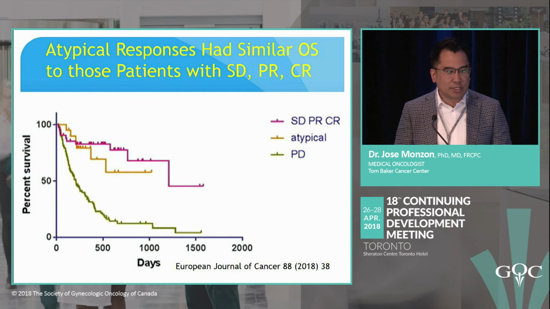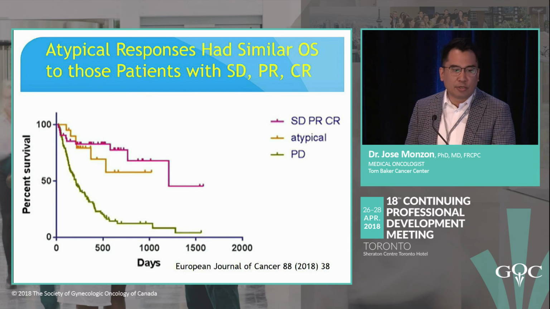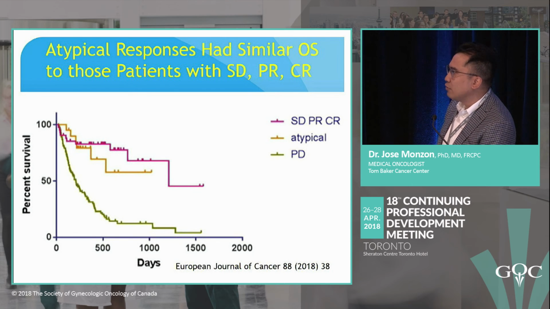So this just brings up that these atypical responses aren't necessarily reflected in overall survival with traditional response criteria. This study was looking at non-small cell lung cancer and PD-1, PD-L1 inhibition in several clinical trials. They retrospectively looked at the patients that had atypical responses, such as pseudoprogression, or alternatively discordant responses where some sites were shrinking but some sites were growing.